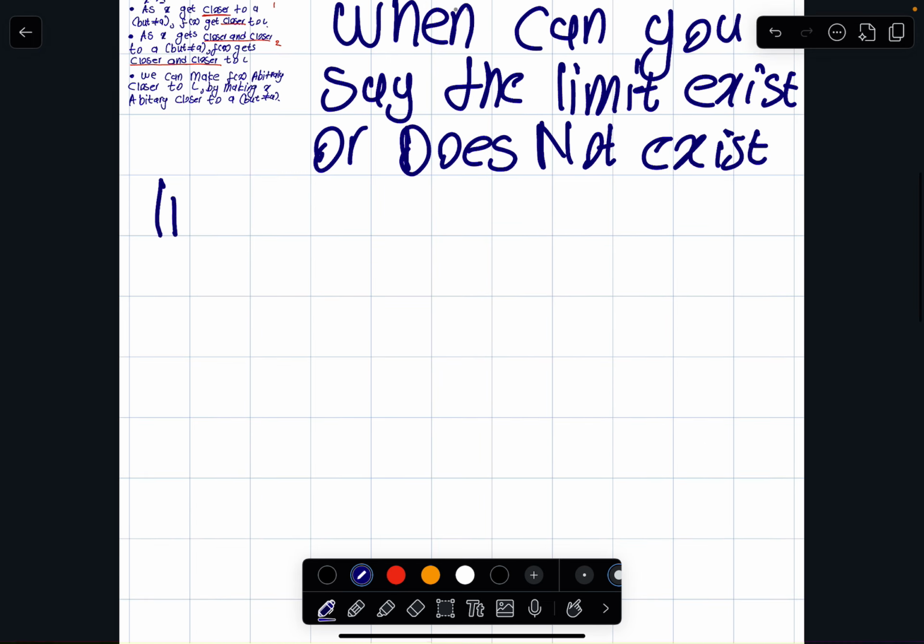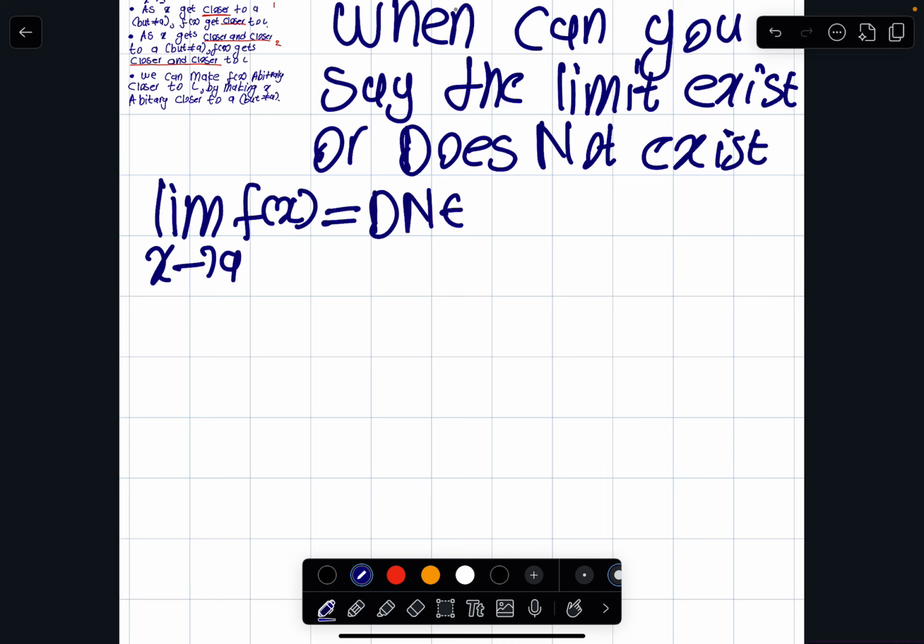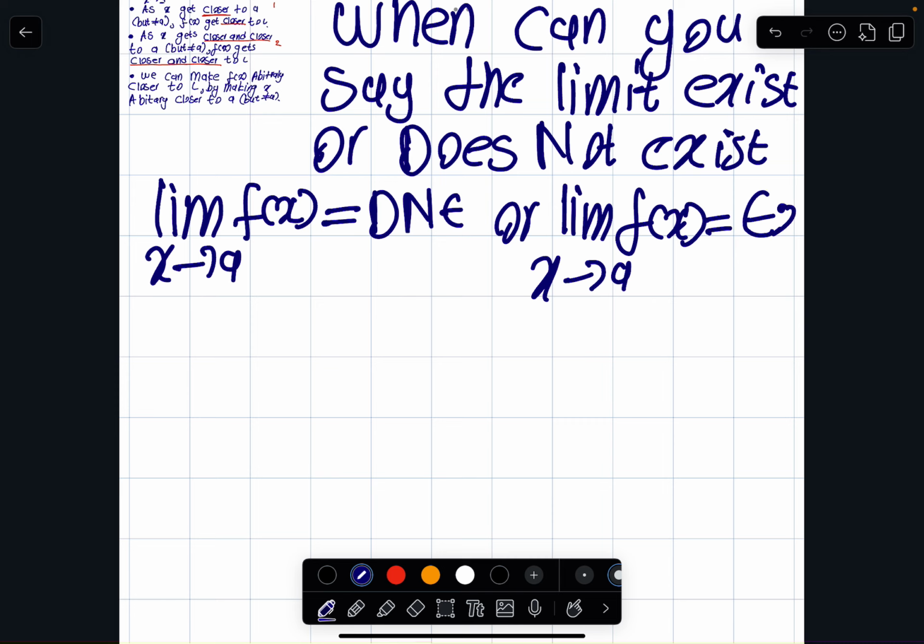Meaning, when can you say the limit as X approaches A of a certain function f of X does not exist, or when can you say this limit of f of X exists?